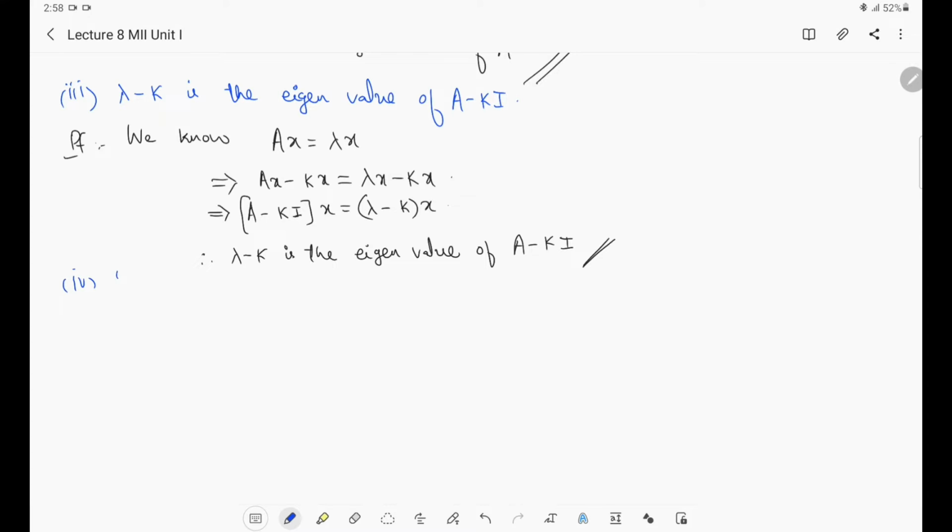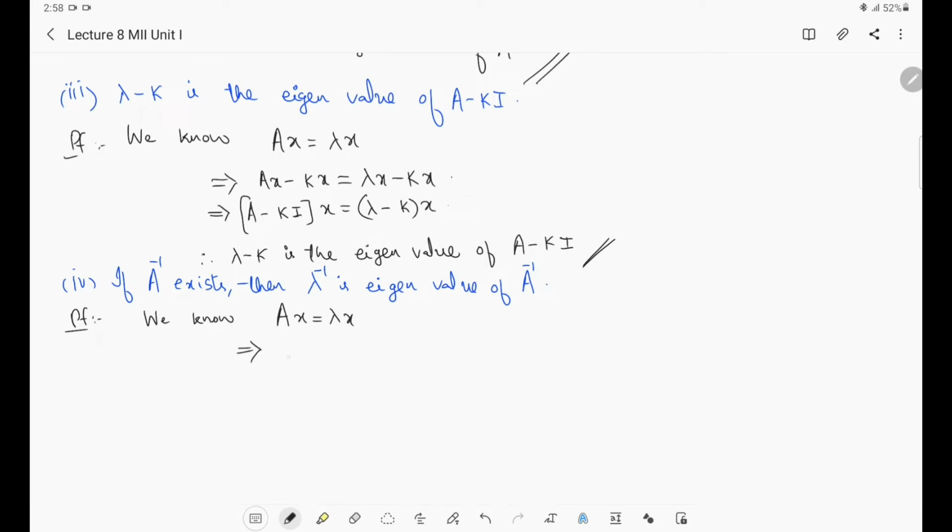See, the fourth property says that if A inverse exists, then lambda inverse is the eigenvalue of A inverse, right? Fourth property is if A inverse exists, then lambda inverse is the eigenvalue of A inverse. So already we know, I am going to prove this, we know that Ax equals lambda x, right?